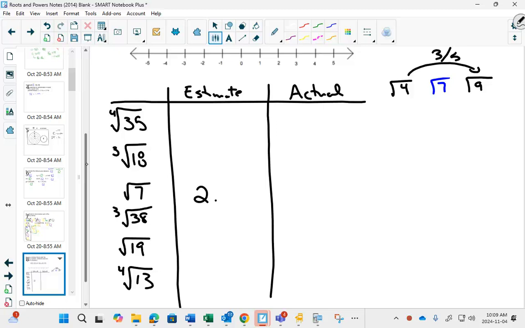Since 3/5 is 0.6, I like 0.6 as an estimate. On an estimate, you will never lose marks for something that's reasonable. So if you put 2.5, 2.6, or 2.7 here, they'd all probably be considered reasonable. If you put 2.1, you'd probably lose a half mark saying it's not that close to the 4. If you put 2.9, it's not that close to the 9.